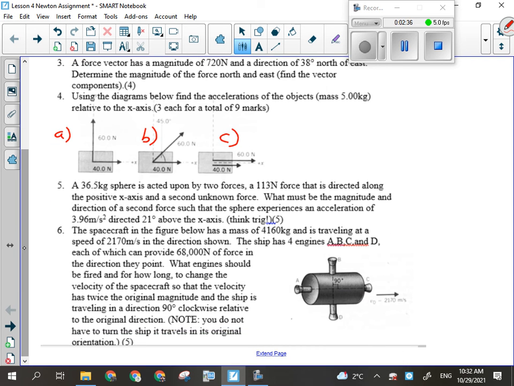Number 5 is a little bit tricky. We're looking for one of the forces acting on the object. We've got the mass and the acceleration, as well as the vector for the acceleration, so there's something we can get with those 2 things. We also know one of the forces acting on this sphere. What we're trying to do is find the missing force. This is vector related.